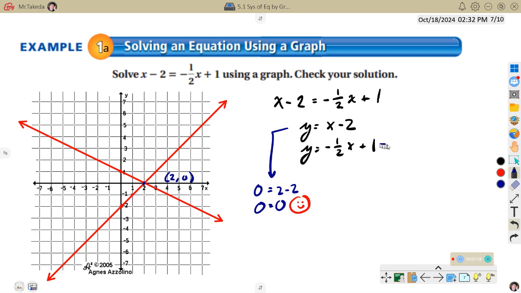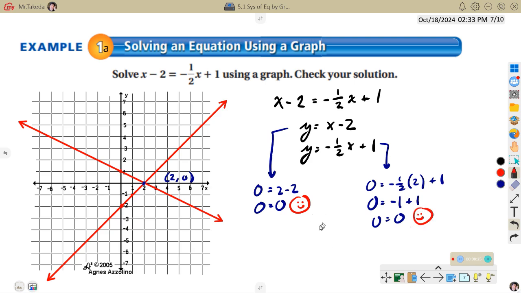And then I'll check the second one over here. 0 equals negative 1/2 times 2 plus 1. All right, so this is my y is 0, my x is 2. Negative 1/2 times 2 is negative 1. And negative 1 plus 1 is also 0. So this checks out as well.